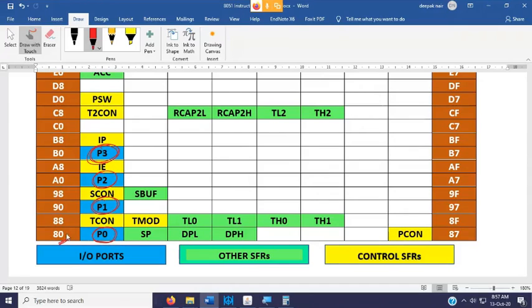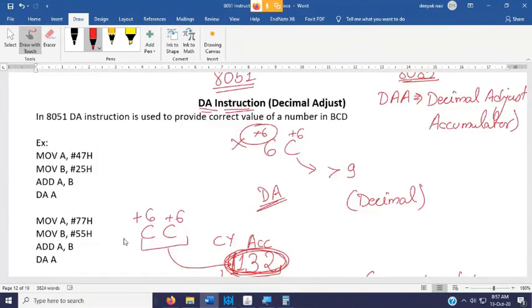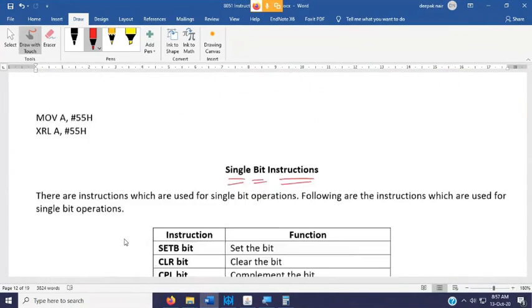Then you check port 0 plus 10, you will get port 1. Plus 10, you will get port 2. Plus 10, you will get port 3. So if you remember that port 0 is at 80, then you just have to add 10, 10, 10 and you will reach port 3. So these are the locations of port 0, 1, 2, 3.